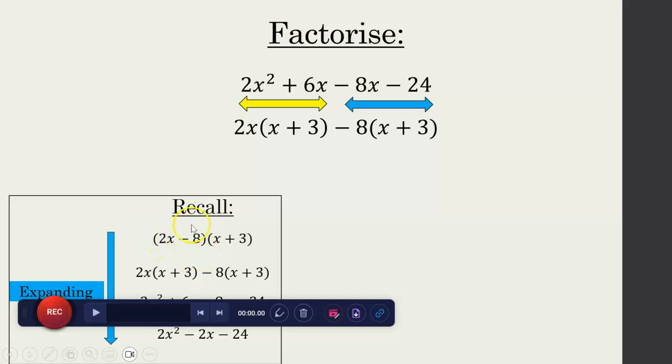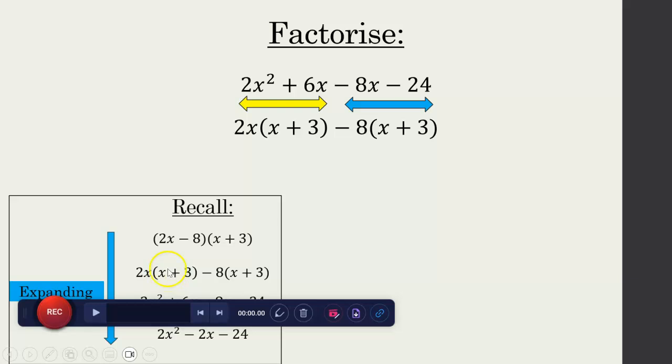The previous example where I said, okay, let's expand these two brackets, and we got all the way down to 2x squared minus 2x minus 24. Well, what we've actually done is we've just moved to here. So expanding kind of moves you down this way. We are actually moving backwards because we started here and we got to here.